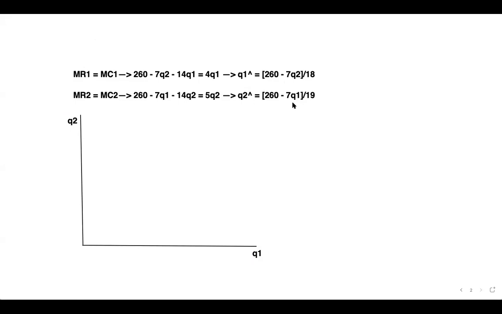I do. Yeah. So tell me, I'm going to do the reaction function for firm 2 first. Okay. And so notice, 260 divided by 19, what is that? Uh, 13.68. Okay, 13.68. And then the slope, right, is going to be 7 divided by 19.